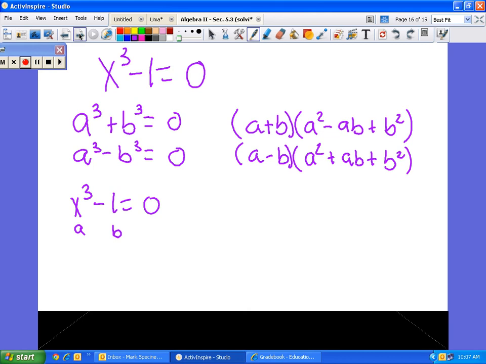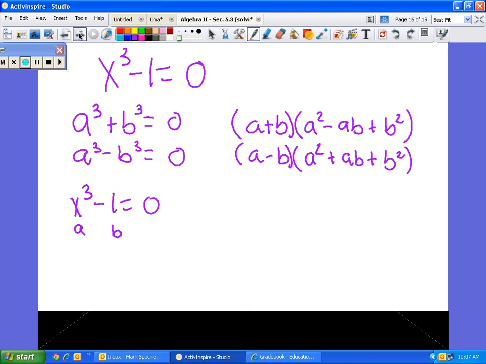First thing you want to do is label your terms. You've got two terms. You've got the x and you've got the 1. So the first term we call A, second term we call B. Once you do that, now you look at it and say, okay, it's the difference of two cubes, so I'm going to follow this template, the second one.